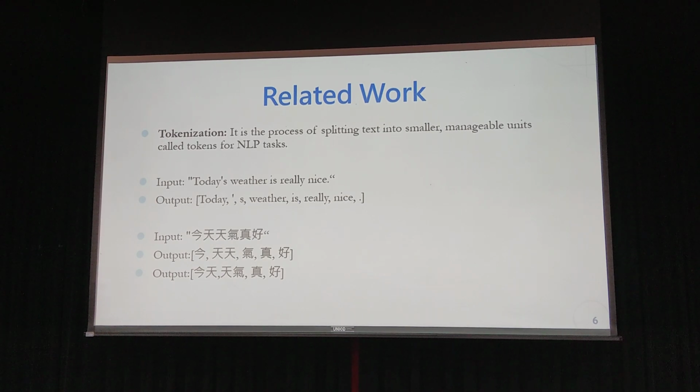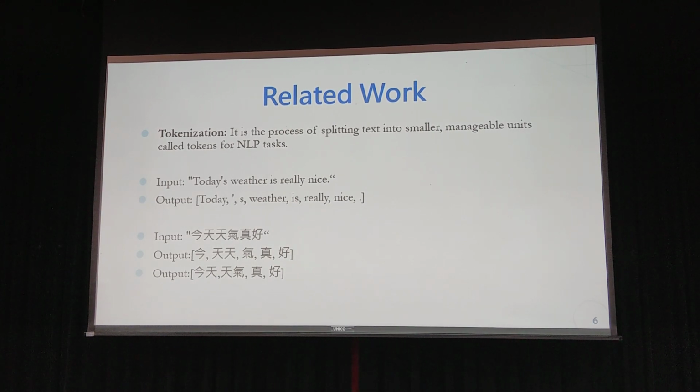You can see there are two examples below, one in English and the other in Chinese. The tokenization in English doesn't have any surprise. You just find the spaces and the punctuation marks to split it.